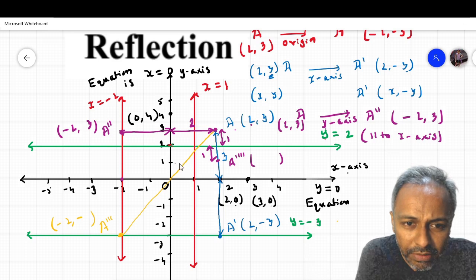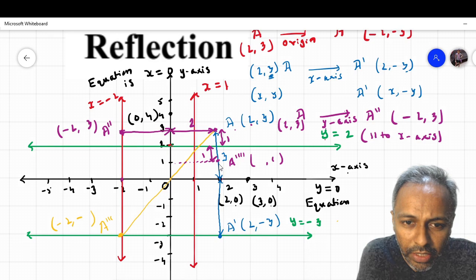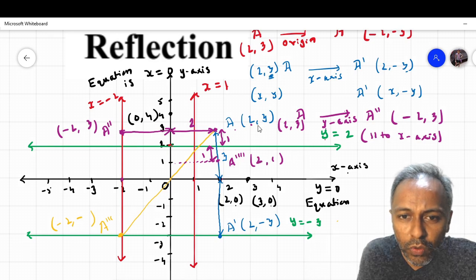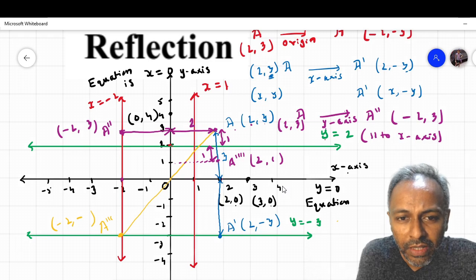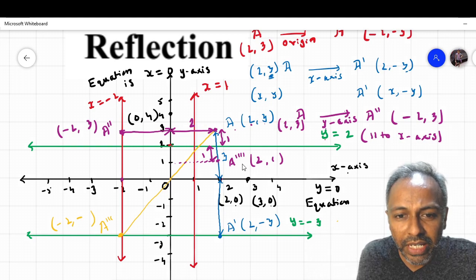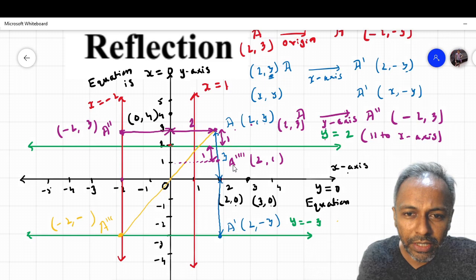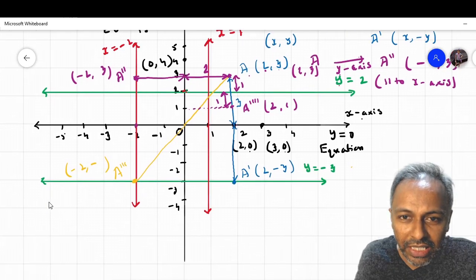So the y coordinate will become 1 and the x coordinate will continue to remain 2. So (2, 3) becomes (2, 1). So if the point is getting reflected in the line y equal to 2, then the answer is A4 dashes (2, 1). Now this is very difficult to plot every time and get the answer. So we have a way to remember it. Let's try learning that.